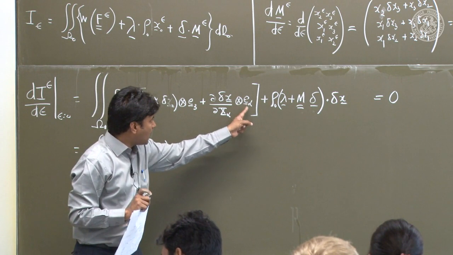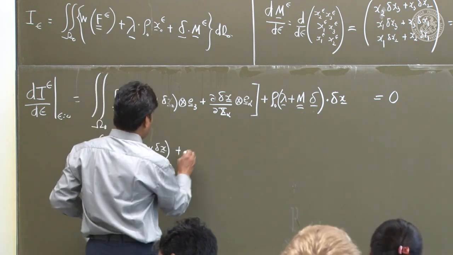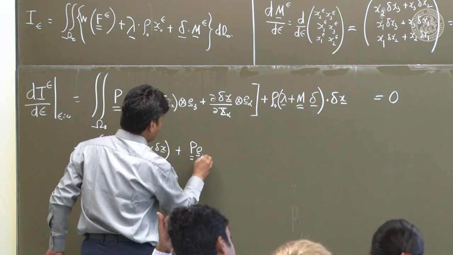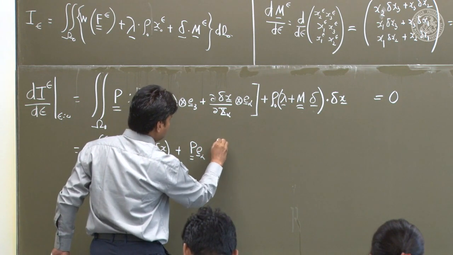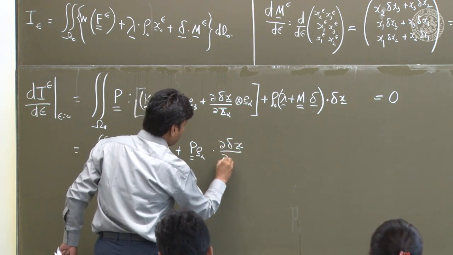So what happens is the last one comes on the other side and it becomes P E alpha dot with del of del x over del x alpha.